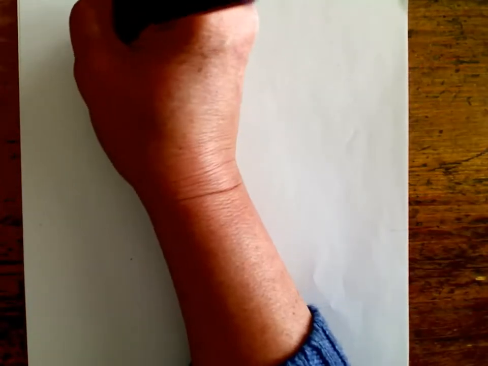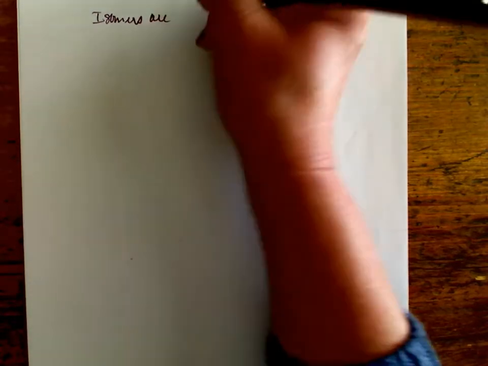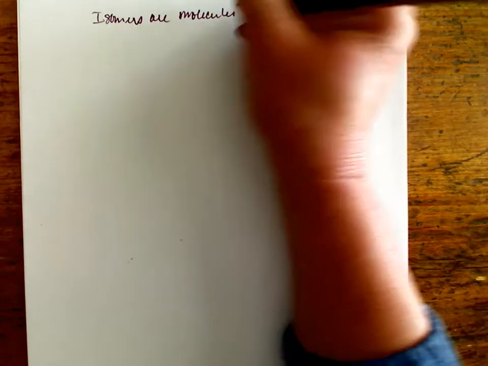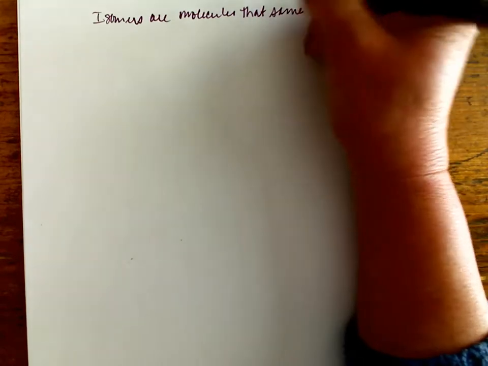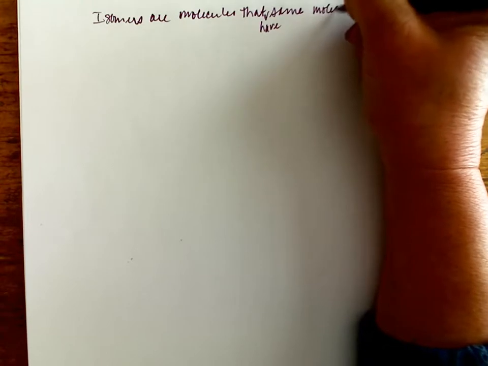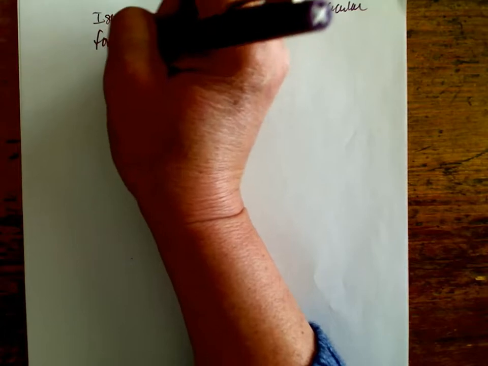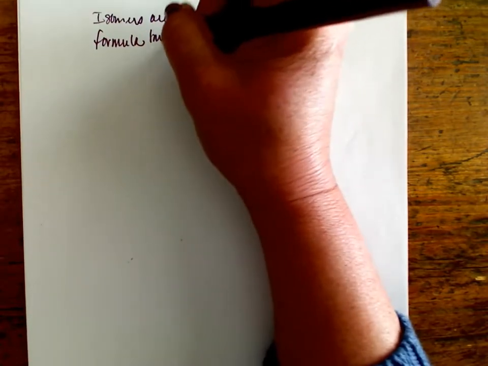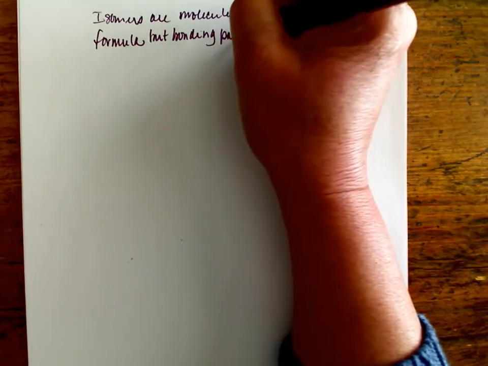So once again, isomers are molecules that have the same molecular formula but different arrangement of atoms or different bonding pattern. Say it that way.